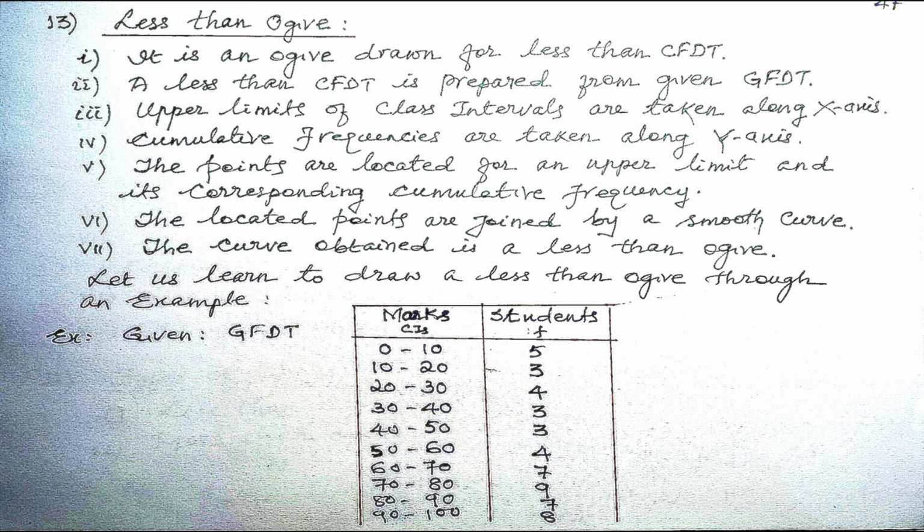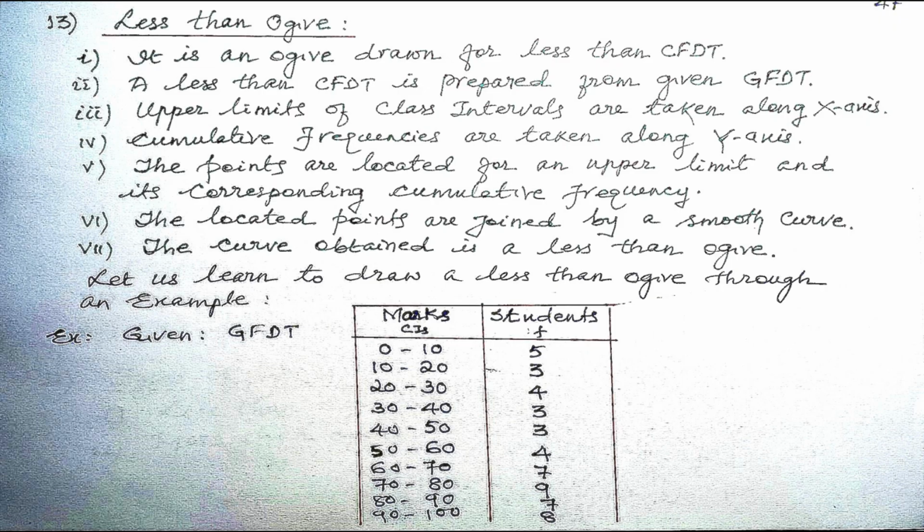To draw a less than ogive, we have to prepare a less than CFDT. And here we take the upper limits of the class intervals along x-axis and the cumulative frequencies along the y-axis. The points are located for an upper limit and its corresponding frequency. Now, the located points are joined by a smooth curve, and the curve obtained is less than ogive.